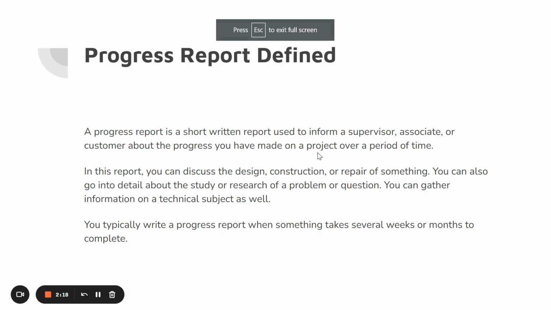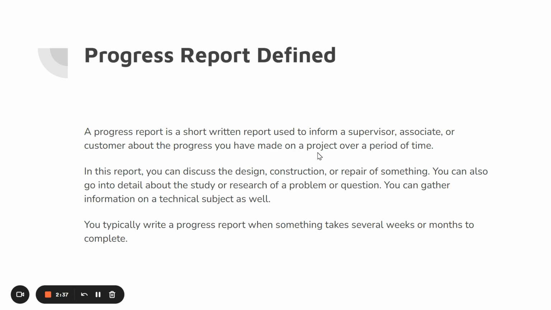A progress report in its most basic form is a short written report used to inform a supervisor, associate, or customer about the progress that you have made on a project over a period of time. You're going to discuss the design, construction, or the repair of something.